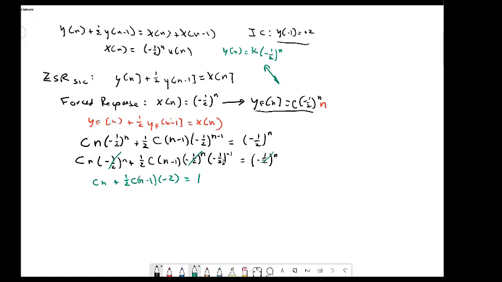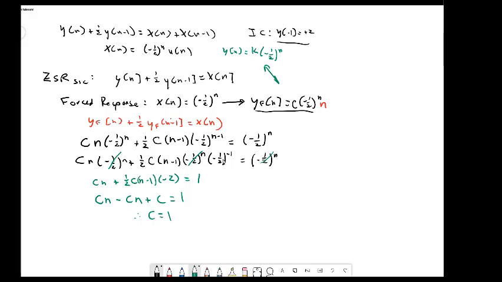And all we have on the other side is 1, since we canceled that one out. And our minus 2 times 1/2 gives us a minus 1. So we have c n minus c n plus c equals 1. So therefore, c must be 1.